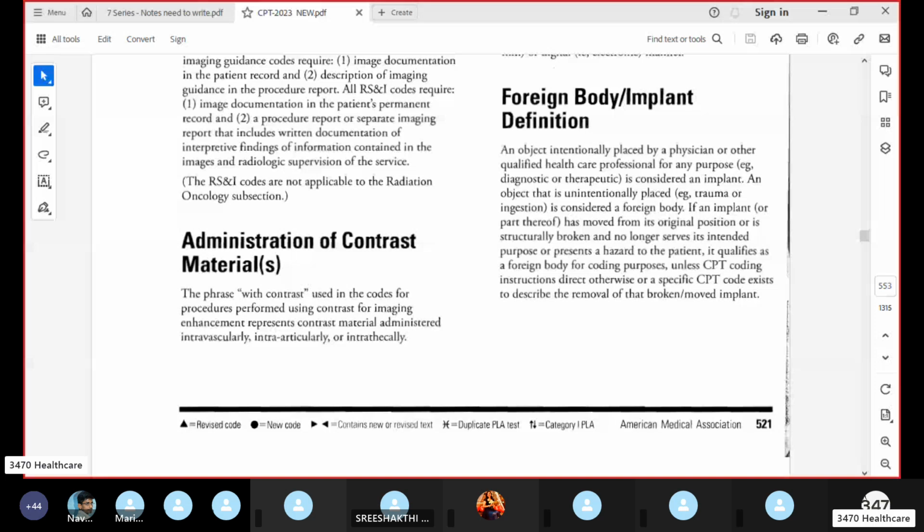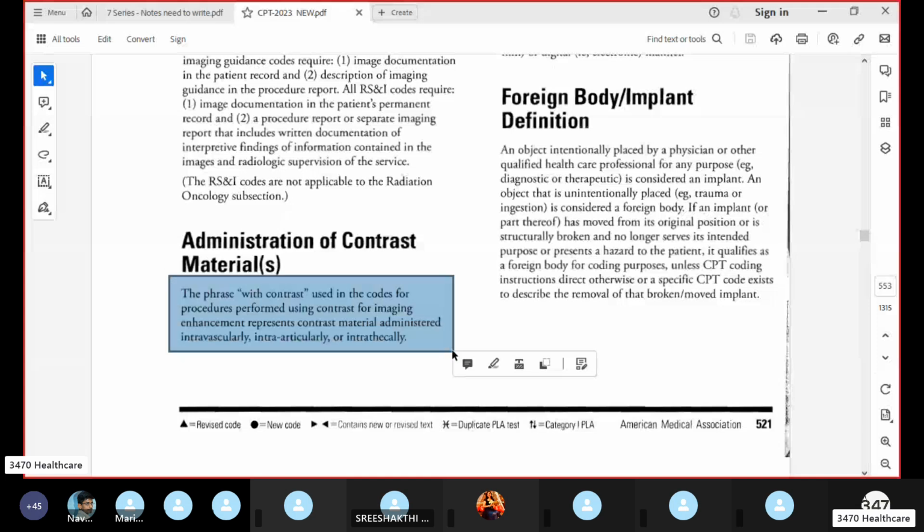What do you need me to repeat? I'm telling contrast material, page number 521. Contrast material given through intravascularly, intraarticularly, intrathecally means it is with contrast.